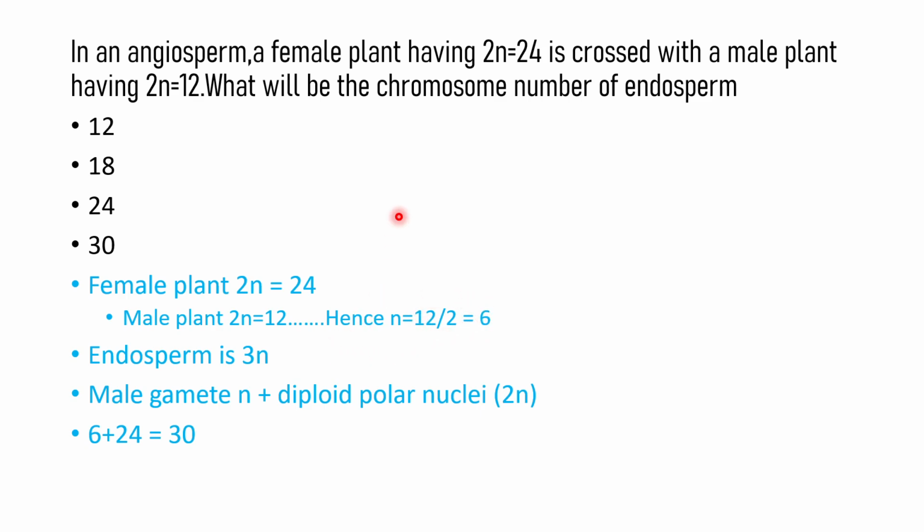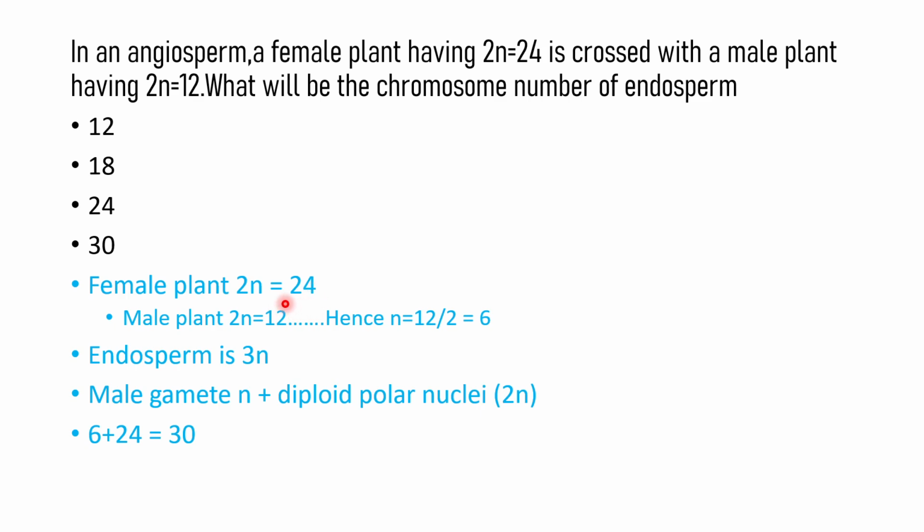Now, how is endosperm formed? Fusion of one male gamete with the polar body or the secondary nucleus. We know that it is 2n. Yes, the polar body is diploid.